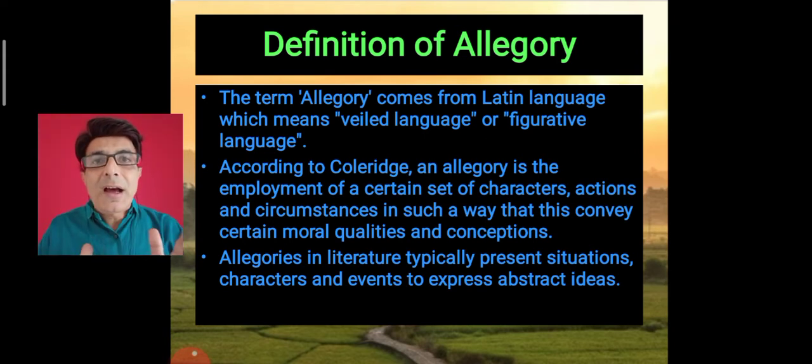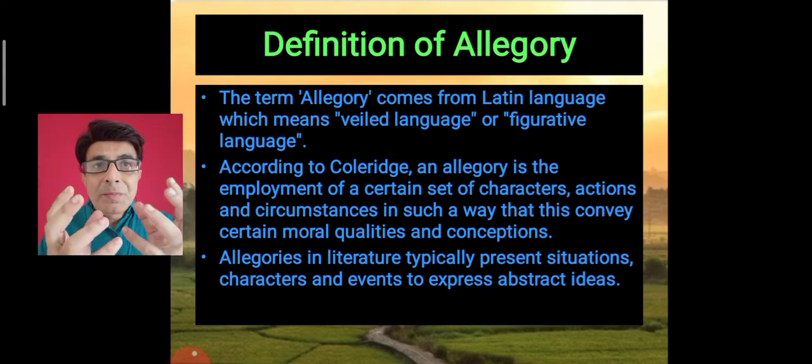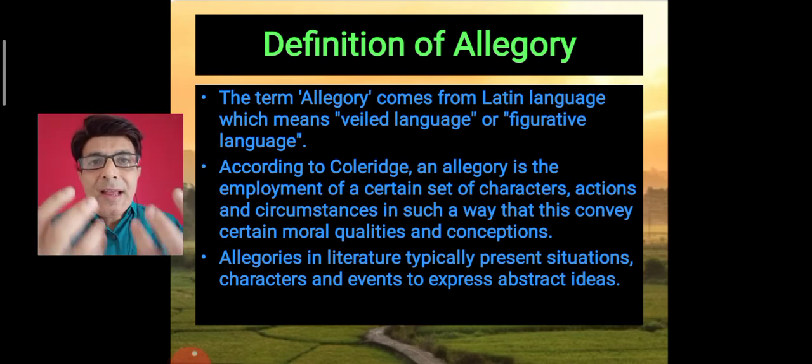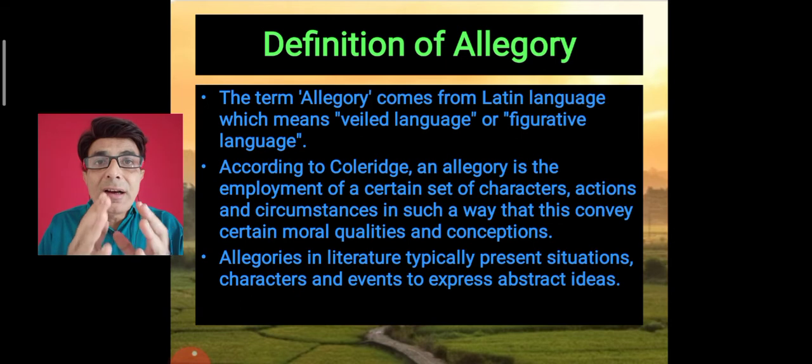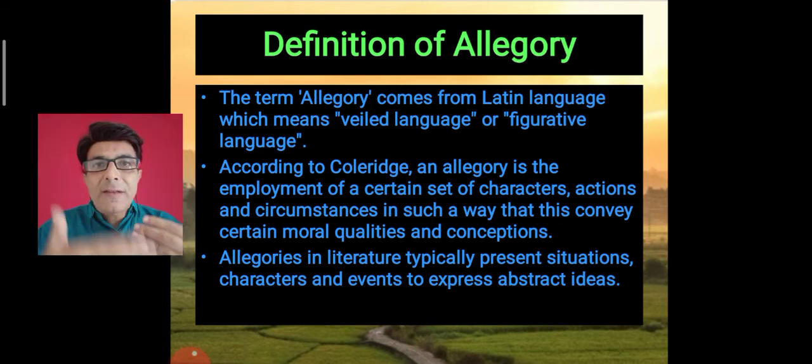Veil means parda. So the original meaning of the word allegory is a language which has a veil, a parda. A kind of disguised language is known as allegory in Latin.